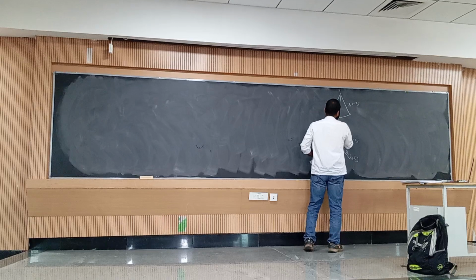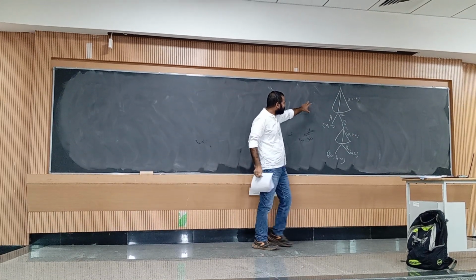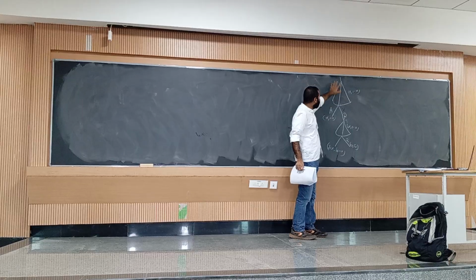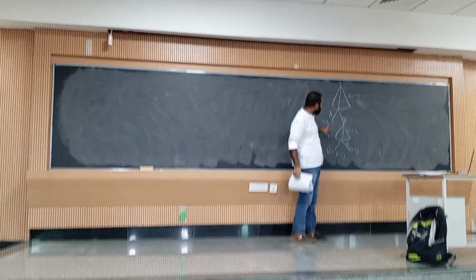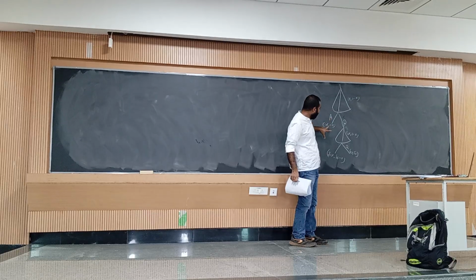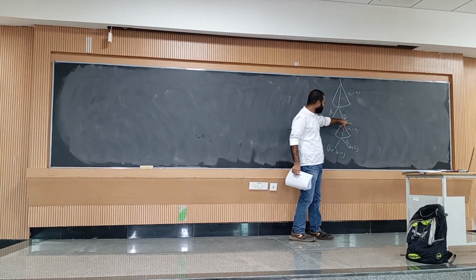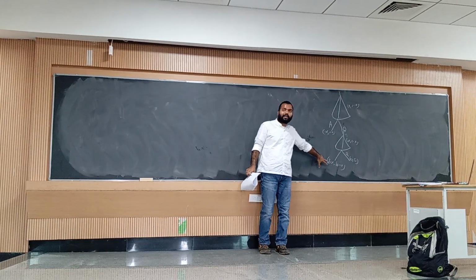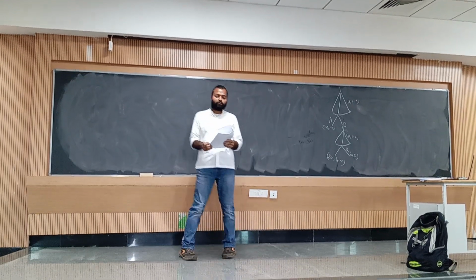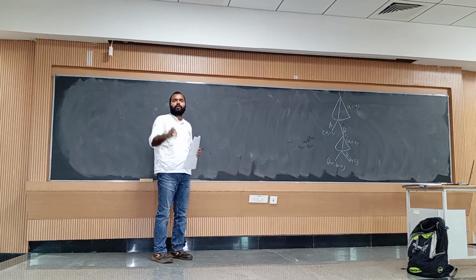Player 1 is making an offer. Now player 2 has two options: accept and reject. If he accepts in period 1, he will get a payoff of 1 minus x, while player 1 will get x. If he rejects, he makes an offer again, but in that case the payoffs will be del x and del times 1 minus x.